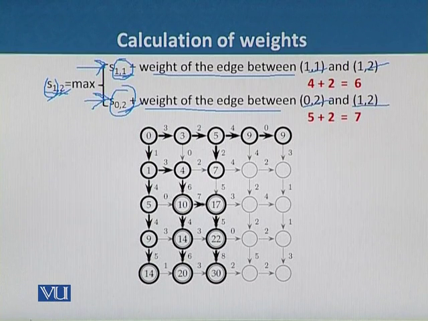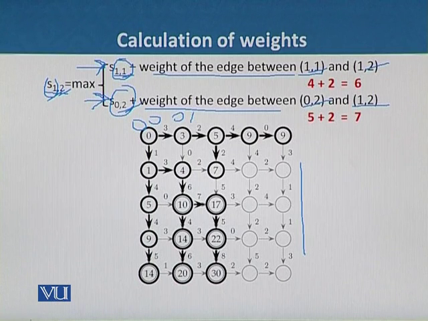So if we consider these values in the real time by using this grid, we know this is position 0, 0, this is 0, 1, this is 1, 0, and this is 1, 1 position, and 1, 2 position is this one.